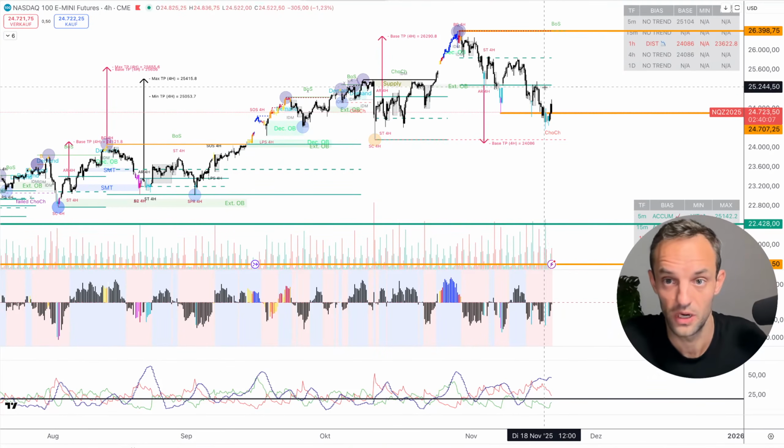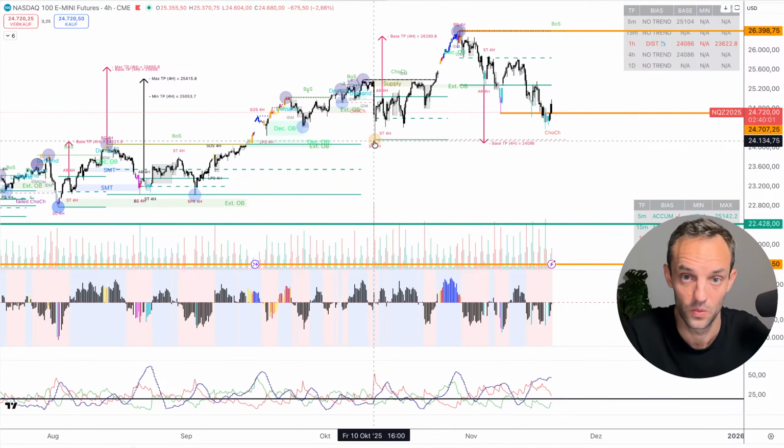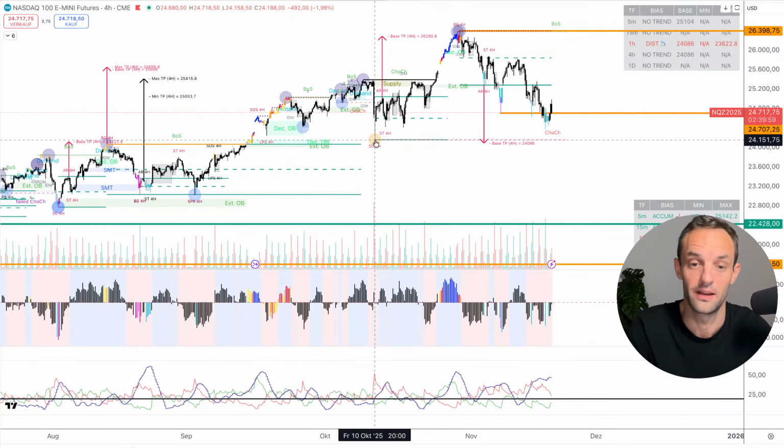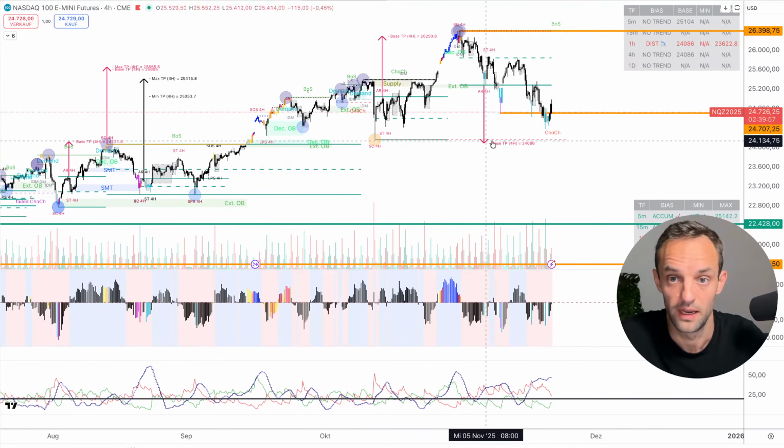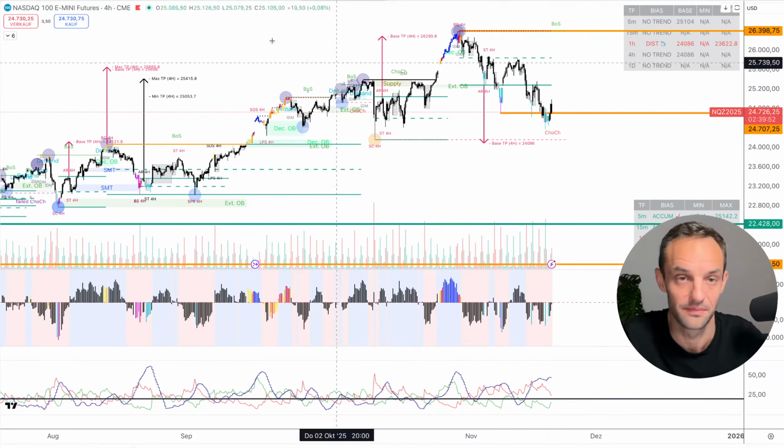So in the 4-hour chart, I think currently, and this also shows the trend, we might chop to the liquidity below Friday the 10th of October and reach this target of 24,086.